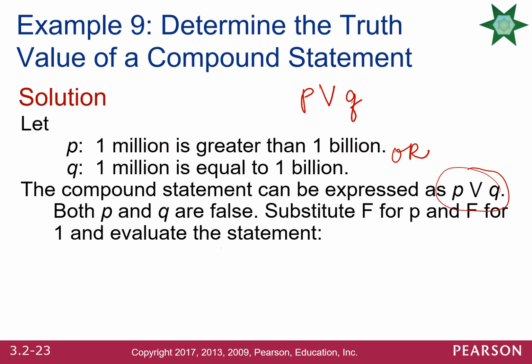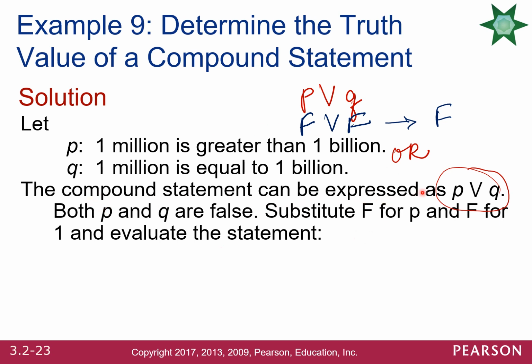So that's going to be marked as false. And then the or statement. The next one, Q, says 1 million is equal to 1 billion, which is false too. 1 million is not equal to 1 billion. So that's going to be false as well. And false or false, when both are false in an or statement, the result is false, correct? The result is false. So that's how they work out here.